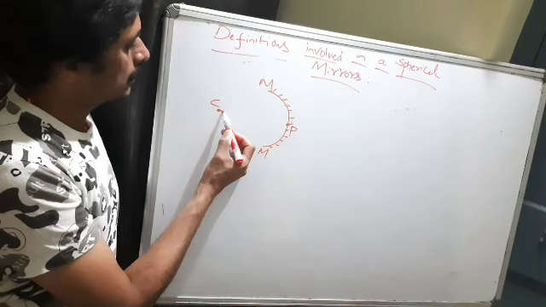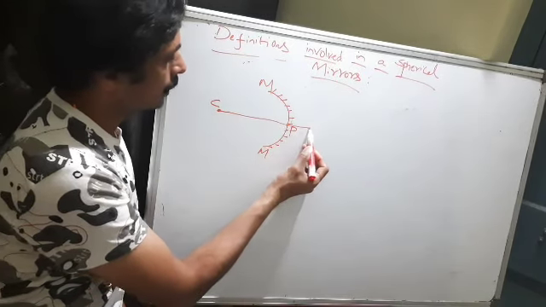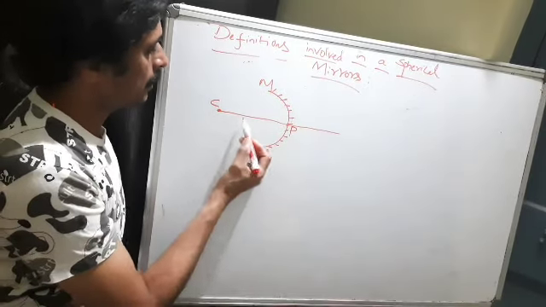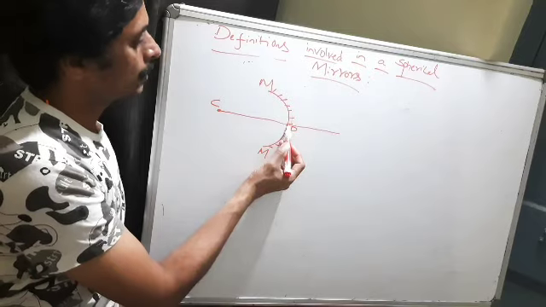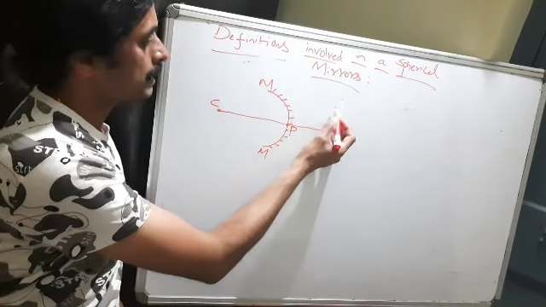Let us stretch the line that passes through the pole or vertex of the mirror. This line that passes through the center and the pole of the mirror is called the principal axis.